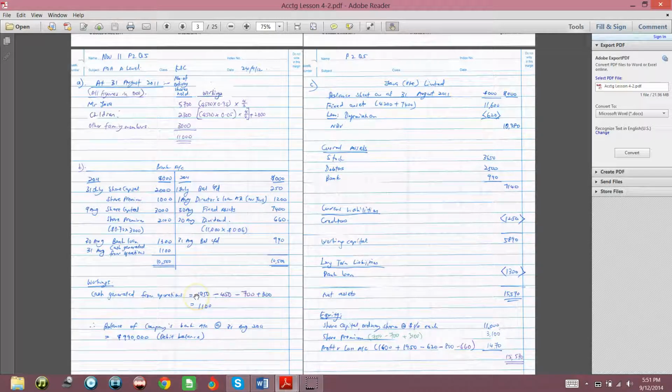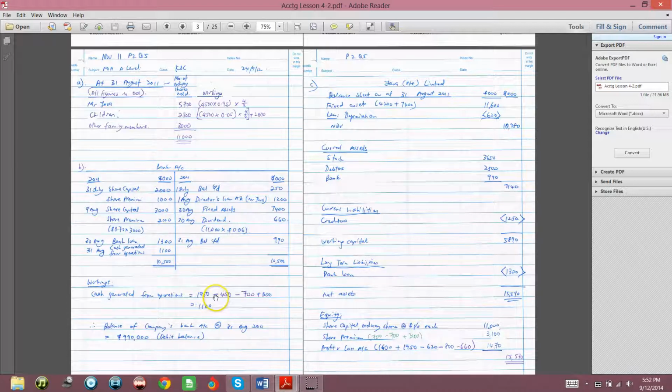Now you see, on 31 August 2011, stock was valued at 3,650, debtors 2.5 million, and creditors 1,250. So on 31 August, stock is 3,650. On 30 June 2011, we are investigating the period from 30 June 2011 to 31 August 2011, stock was 3,200. But on 31 August 2011, stock is 3,650.